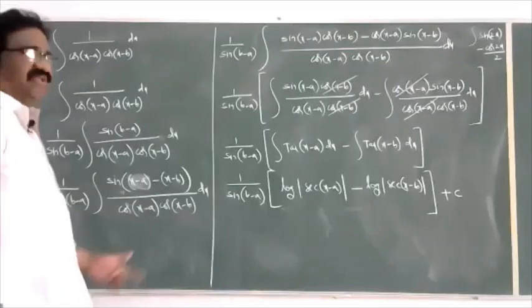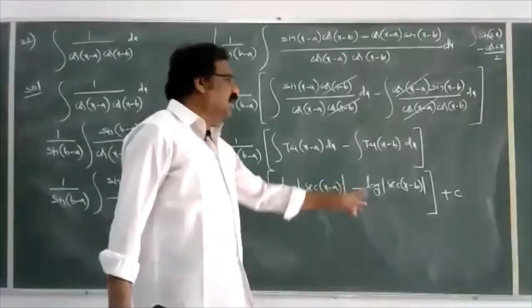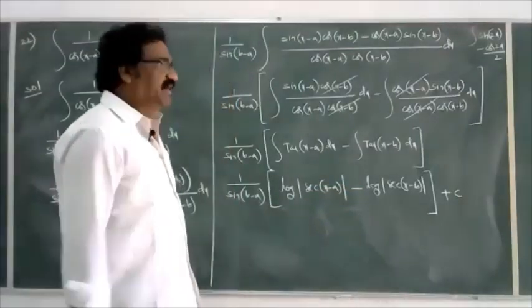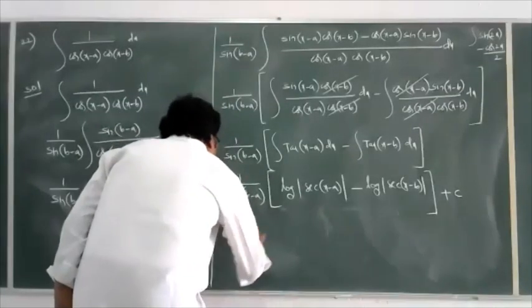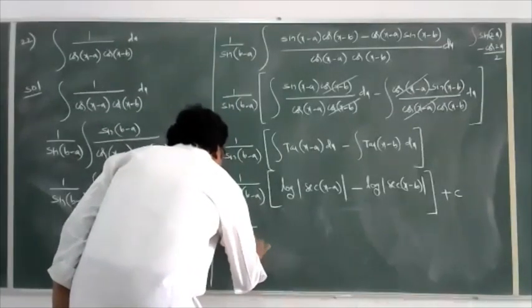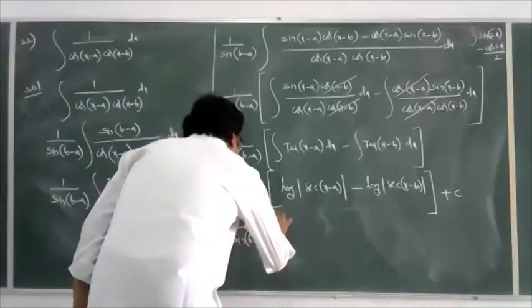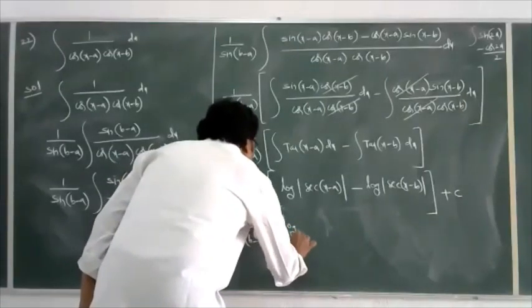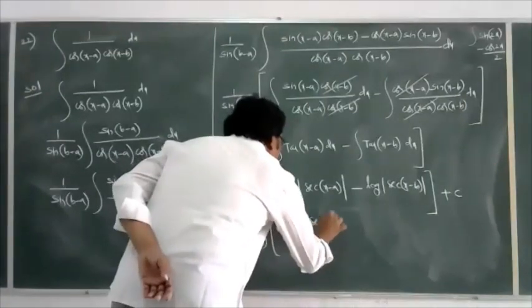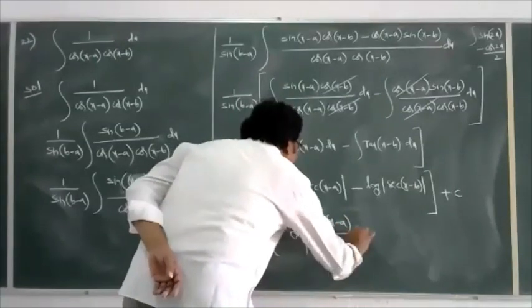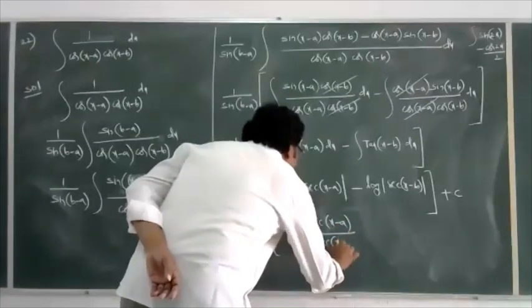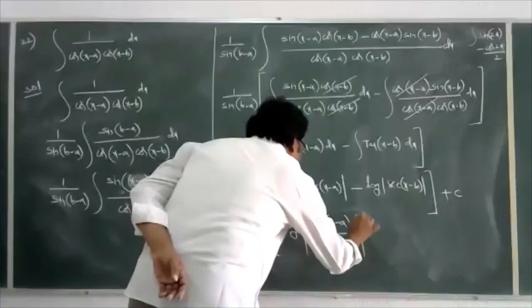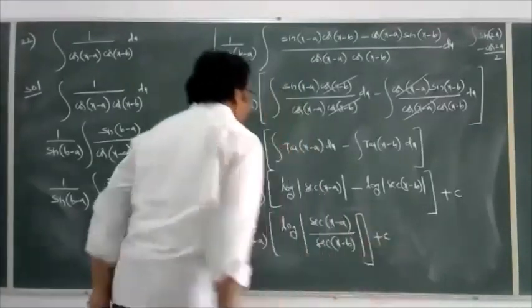So we want to simplify this. Log a minus log b is log a by b. So 1 by sin of (b minus a) into log mod secant of (x minus a) by secant of (x minus b) plus c.